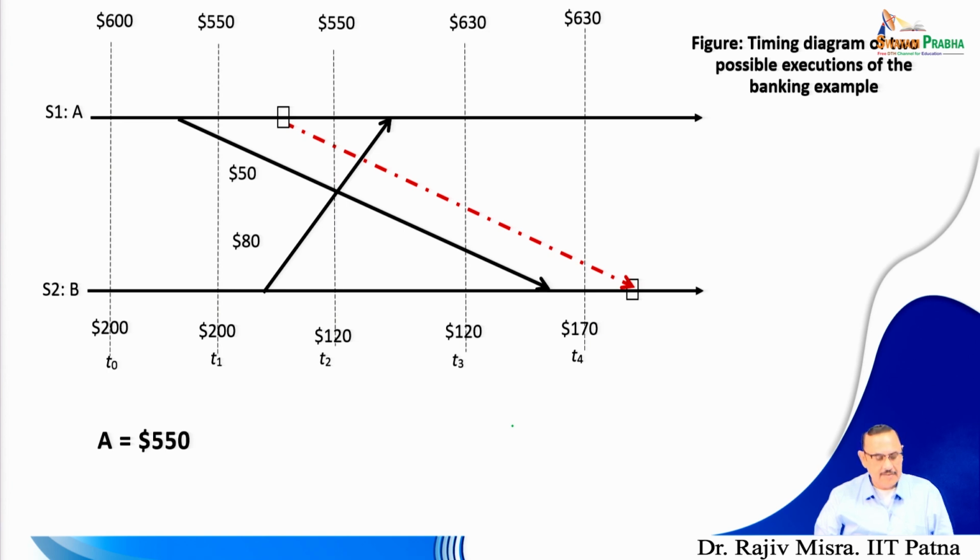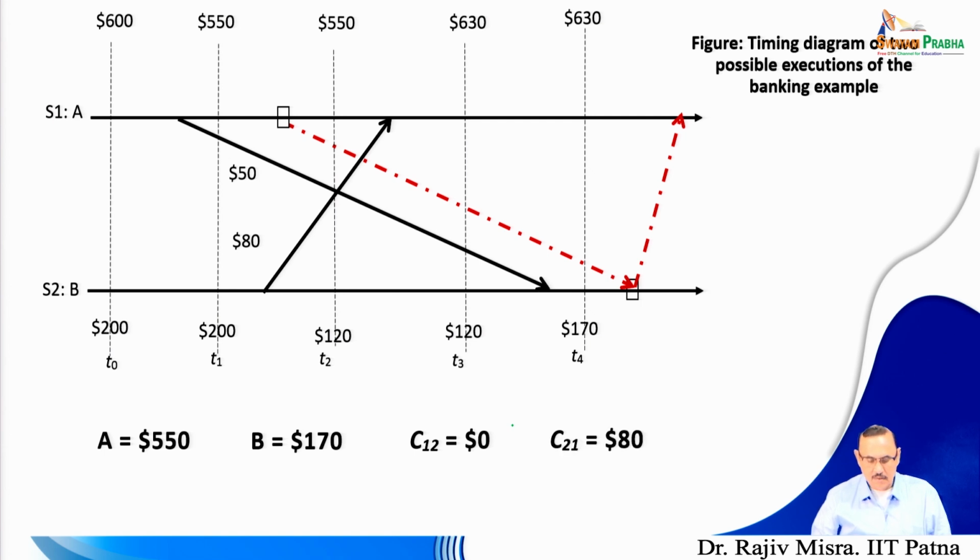It will record the global state A equal to 550, and because B has received the marker message without having recorded any state, it will record the state of C21 as 0 and B as 170, and channel C21 it has recorded as 80. So the 800 amount in the system is conserved, you can see.